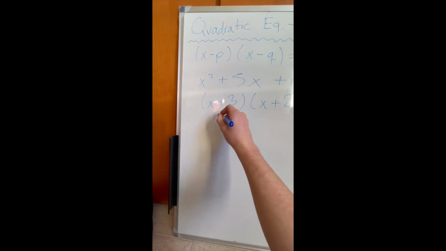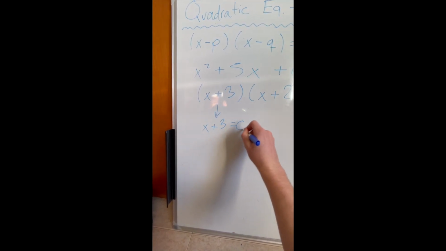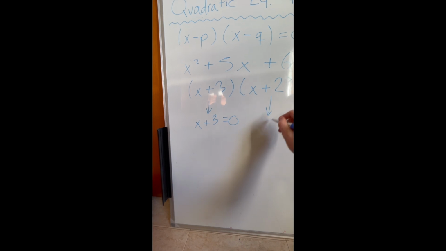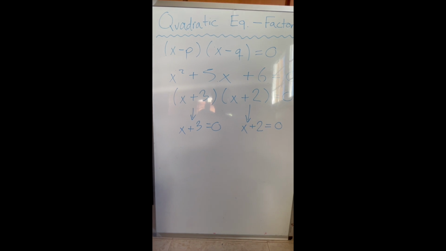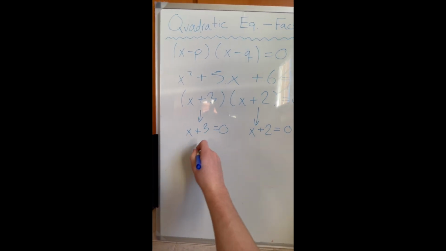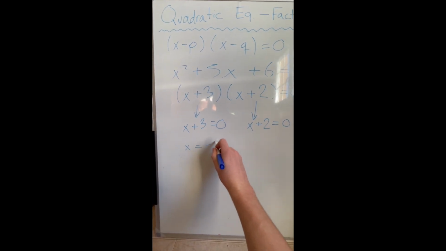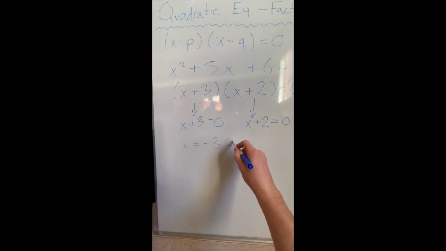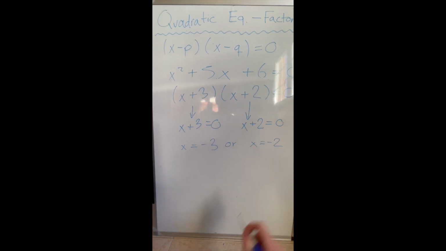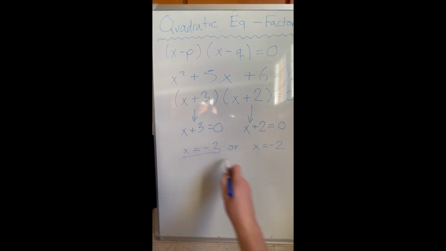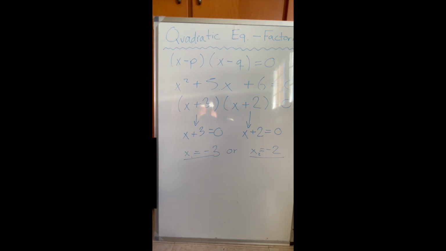So we get this, and we say x plus 3 is equal to 0, or we get this, and we say x plus 2 is equal to 0. Now you just isolate x. x equals, we pass this one to the other side, negative, minus 3, or x equals, we pass this one to the other side, negative 2. And these are our two answers for this equation.